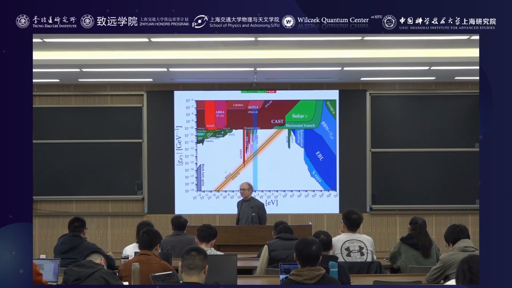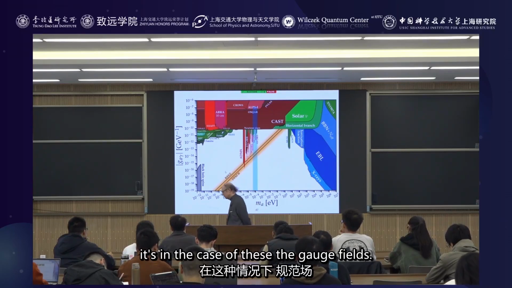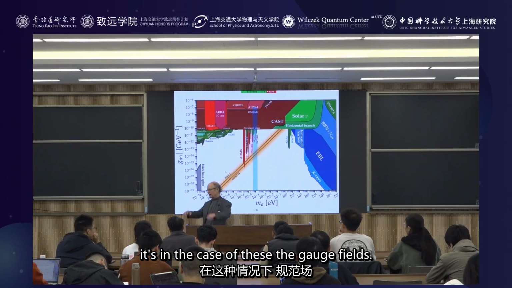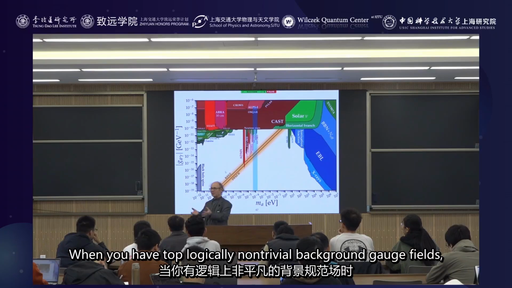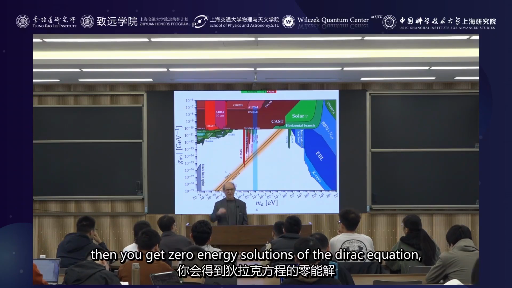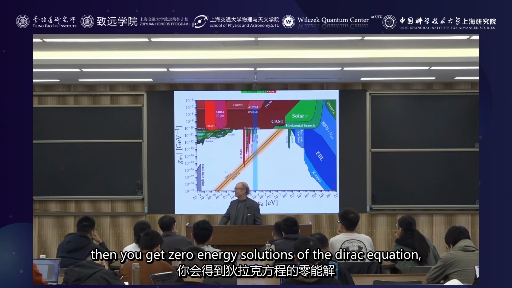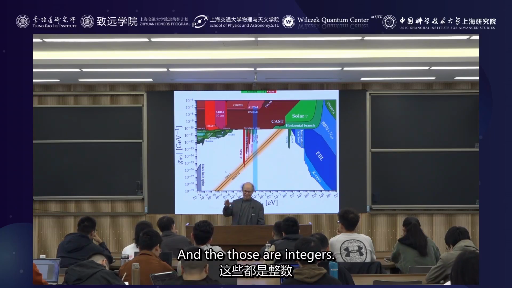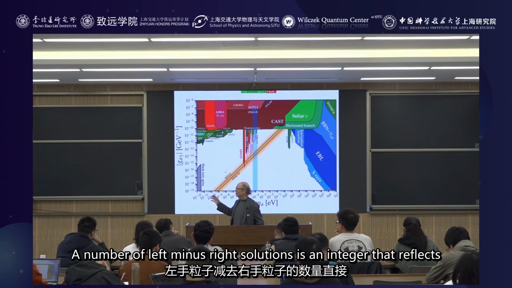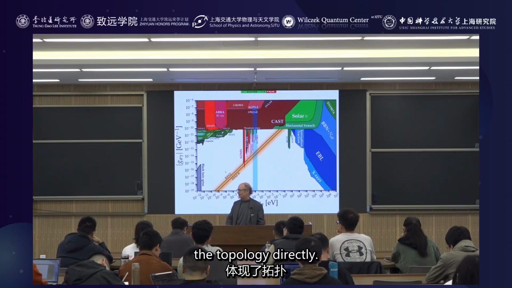Well, in the case of these gauge fields, when you have topologically non-trivial background gauge fields, then you get zero energy solutions of the Dirac equation, these zero modes, and those are integers. The number of left minus right solutions is an integer that reflects the topology directly.